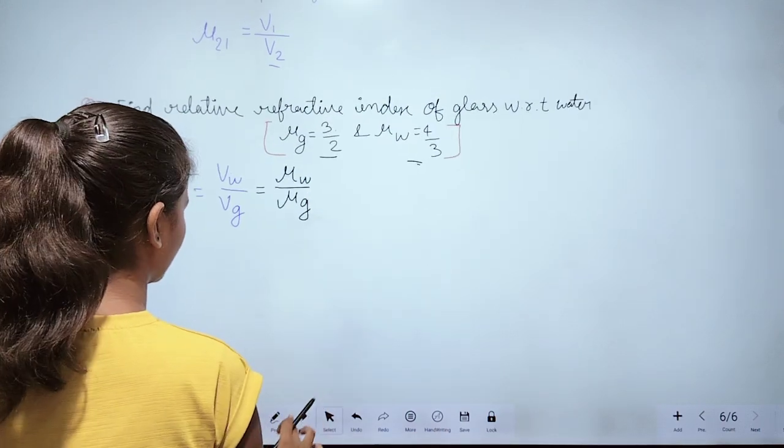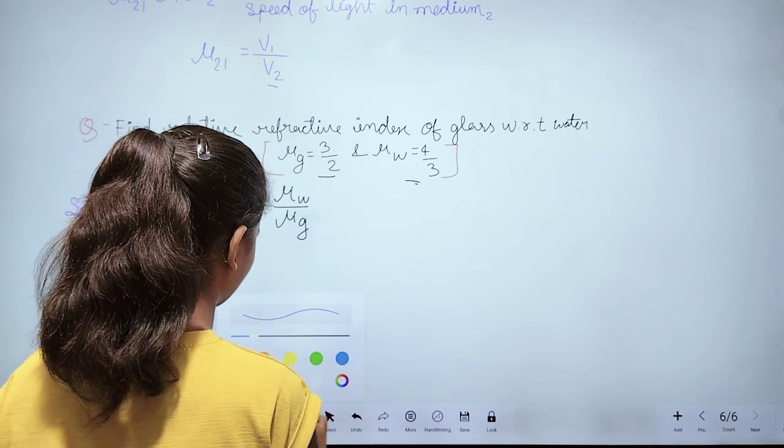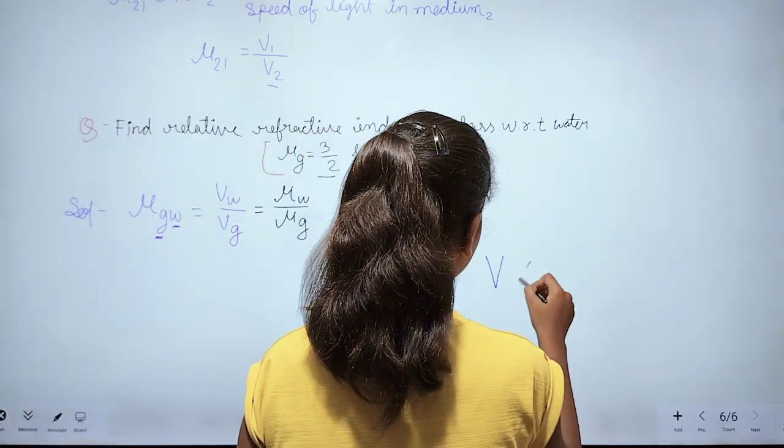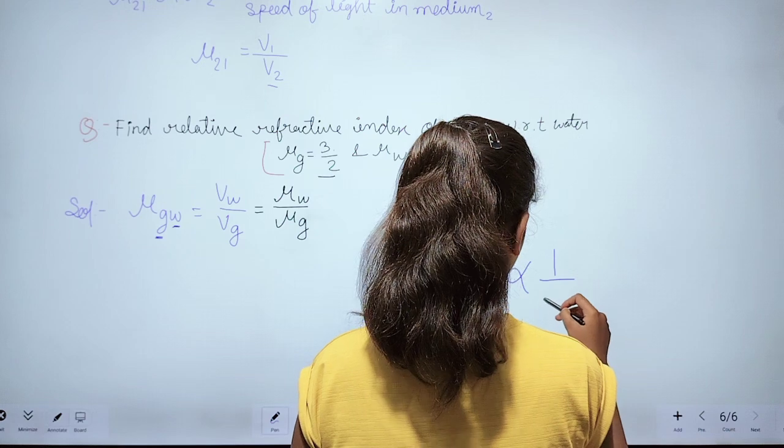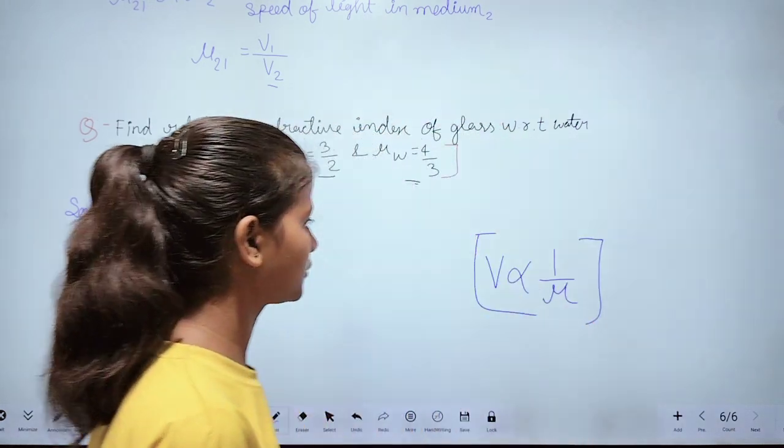Sorry, here V is the reciprocal of 1 by refractive index.